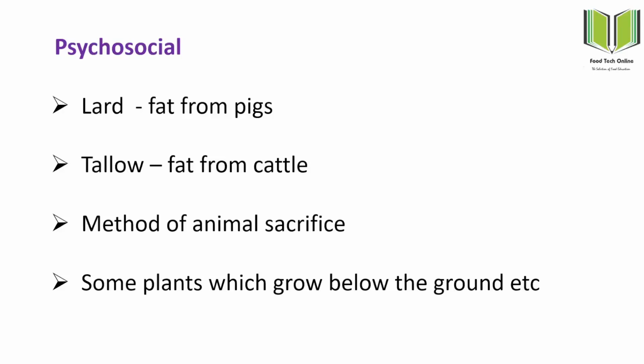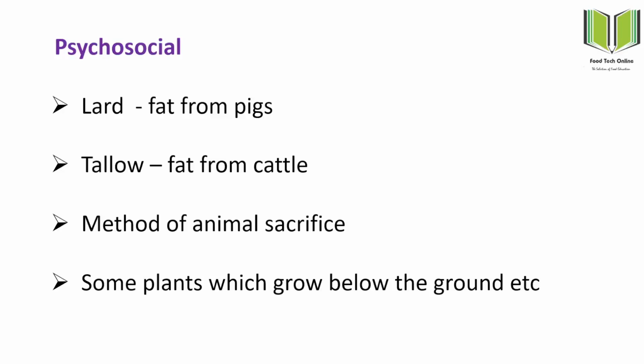Now, one of the major, or we can't say major hazard, but this is considered a hazard by some group of people, like psychosocial hazard. So psychosocial is the hazard, or is a thing, or is a process. It is a state, it is a mental state.